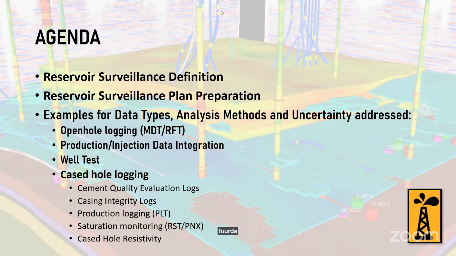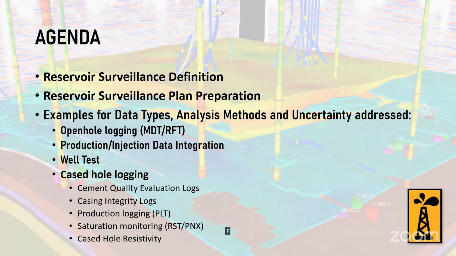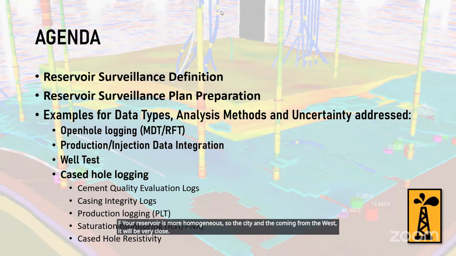The permeability that comes from the core, you can use for reservoir modeling, getting the relation between porosity and permeability. Permeability from the well test is more general. It is average permeability. You can use it for the productivity index estimation. If your reservoir is more homogeneous, the core permeability and the permeability from the well test will be very close.